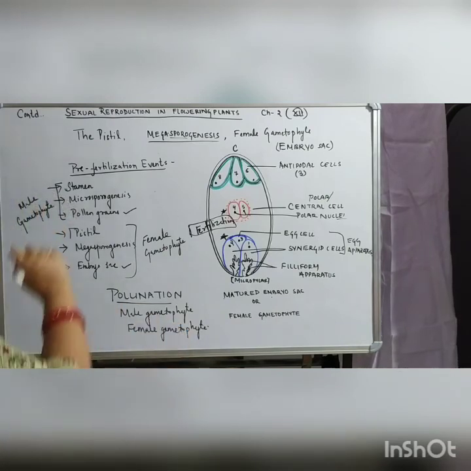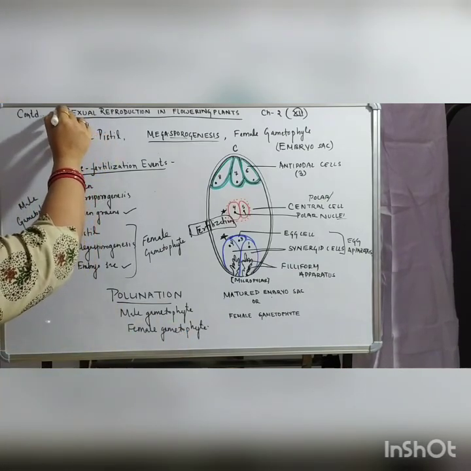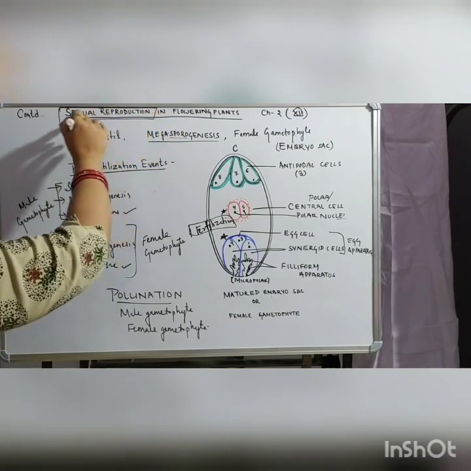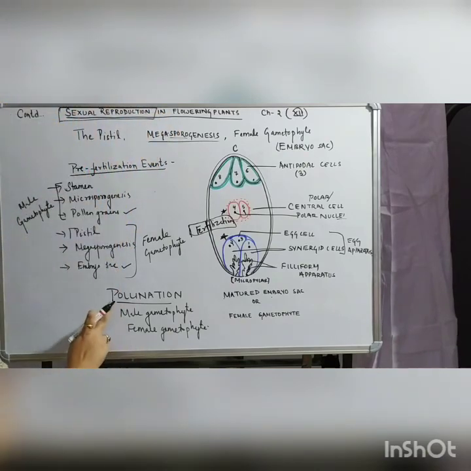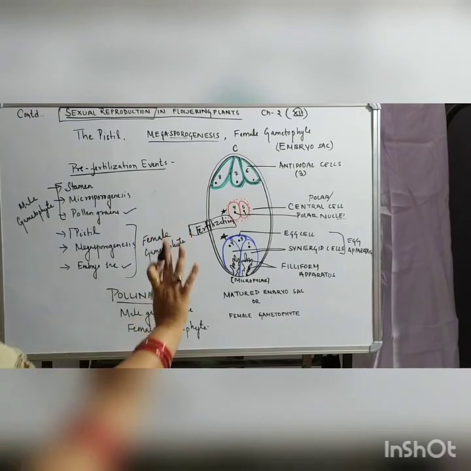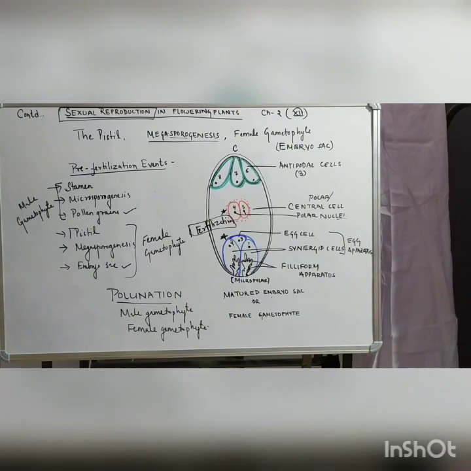Since our topic is sexual reproduction, by pollination only the male will be reaching the female gametophyte. After pollination the next step, that is fertilization, would be taking place.